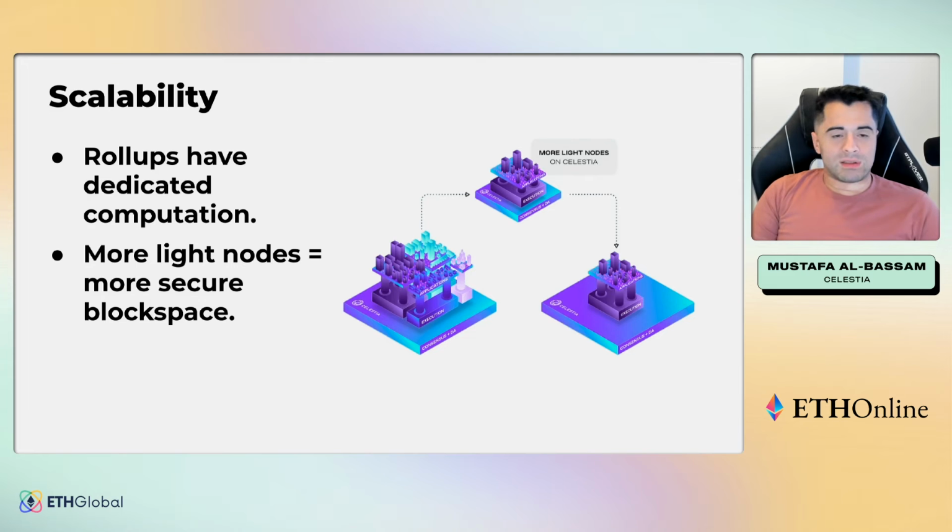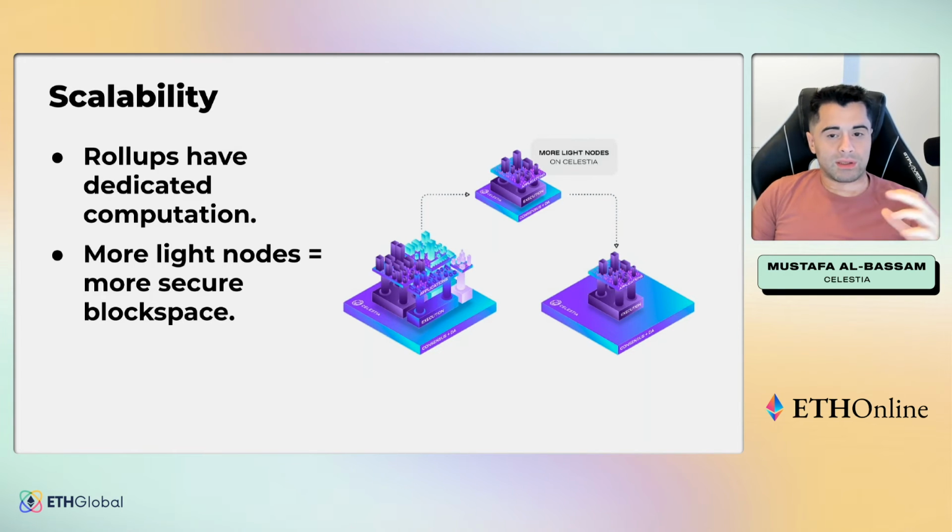Firstly, scalability, because rollups now have their own dedicated computation environment. Instead of having a single chain where everyone's transactions are executed, which was the original Ethereum world computer model, where there was a single world computer and everyone's transactions were executed on the same chain, on the same computer, and that doesn't scale, obviously.